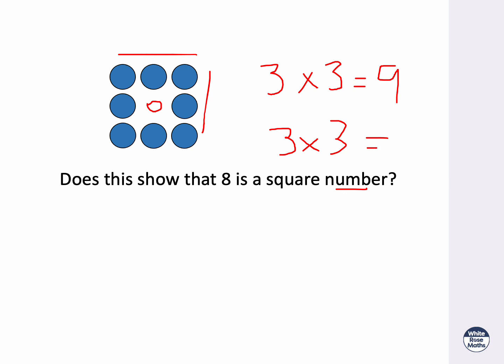Therefore, 8 is not a square number. And another way to look at it mathematically is the square root of 8. If you type it into your calculator, it does not give me an integer as an answer, integer meaning a whole number. It gives a decimal answer. So it's missing a circle there, so therefore that is not true.